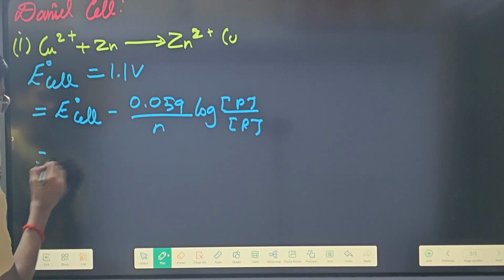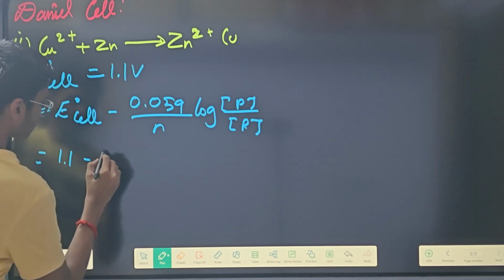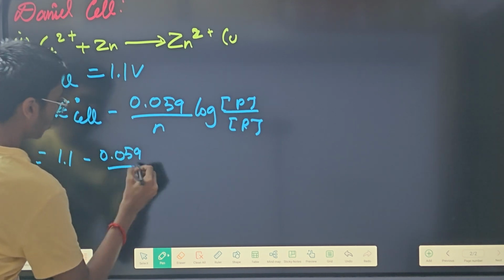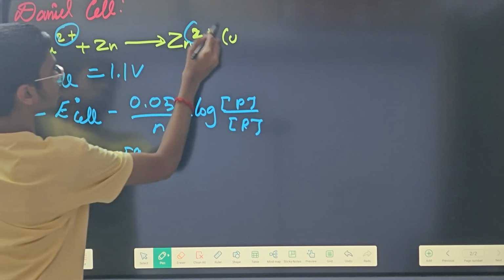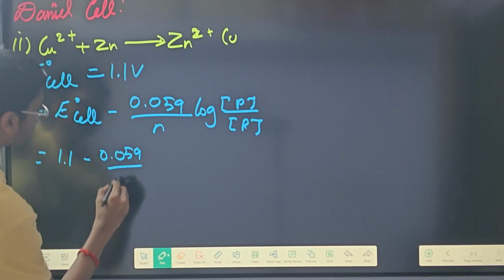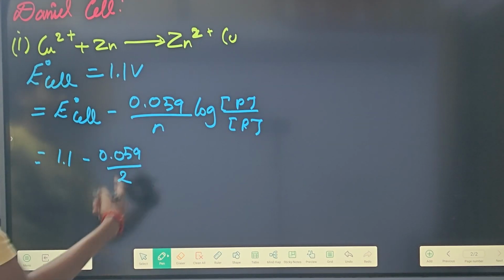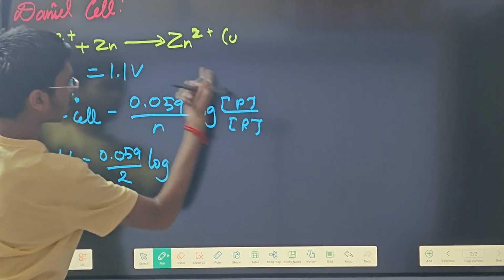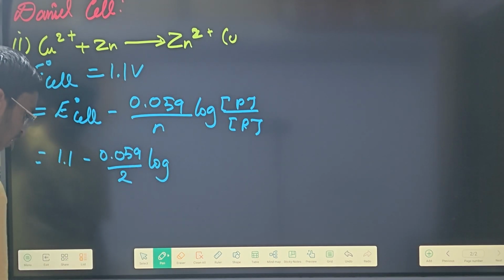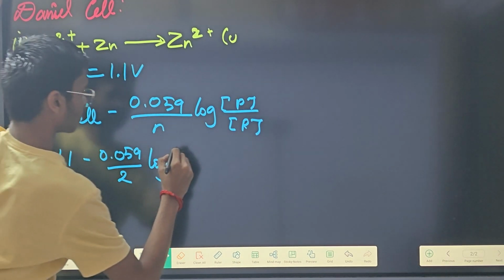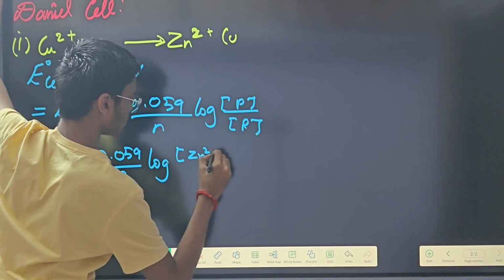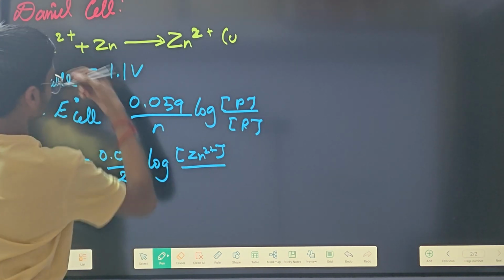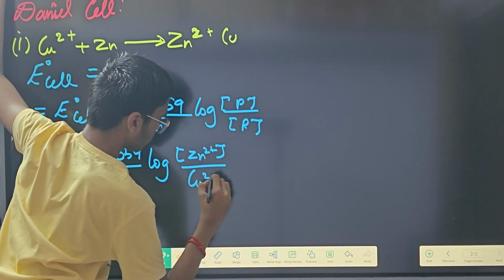So E cell is equal to 1.1 minus 0.059 divided by n. Here n is 2, so you have to take only 2 as its value. Then 2 into log of the concentration of zinc that they have given in the question, Zn2+, divided by the concentration of reactants, Cu2+.